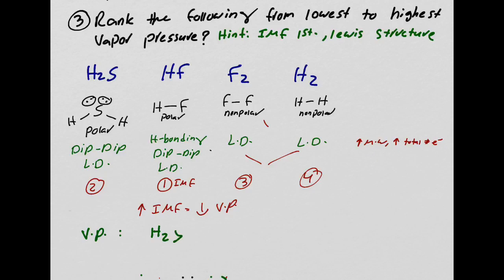I asked you to go lower, so let me actually do what I had asked. The lowest one would be HF, and after that is H2S, so the opposite. Then F2, and H2 is the last one. So far so good? Okay, beautiful.